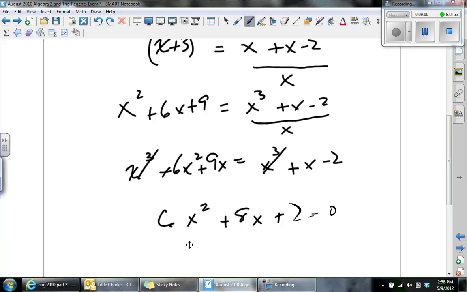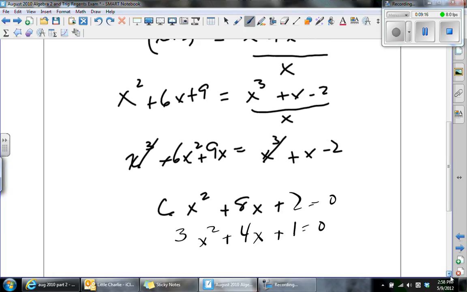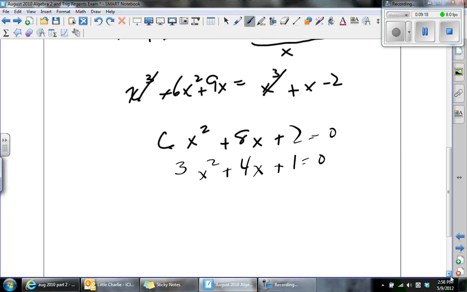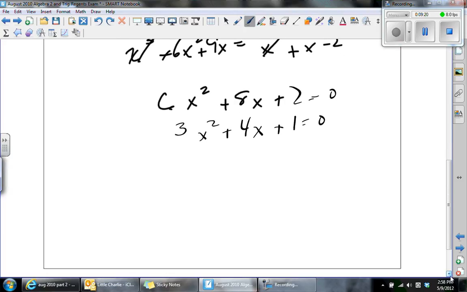Alright, you're going to factor out a 2, so we're left with 3x squared plus 4x plus 1 equals 0. You're going to factor that, which gives you 3x plus 1 and x plus 1.